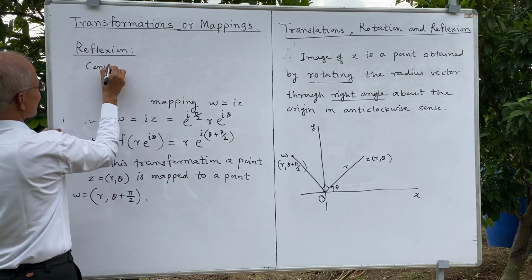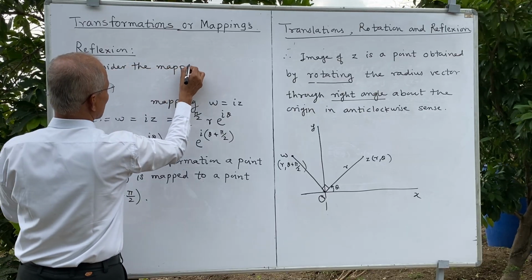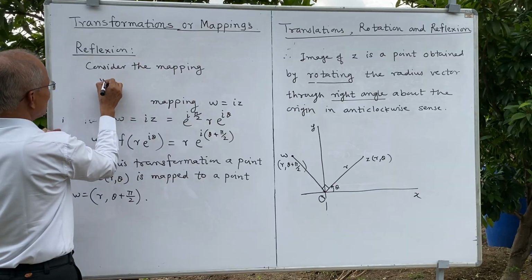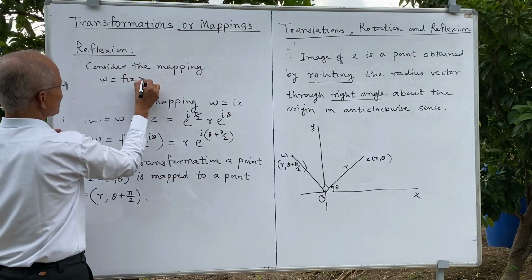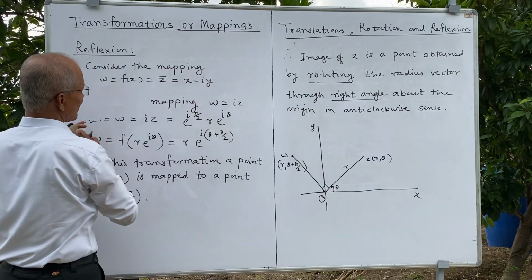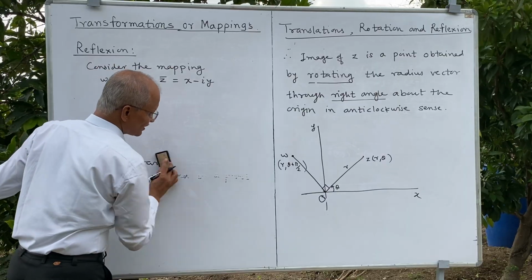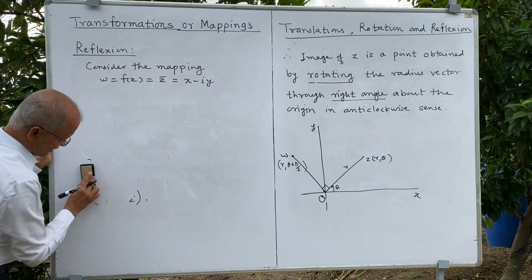Consider the mapping W is equal to f of z is equal to z bar, and that is x minus iy. So this is a reflection.